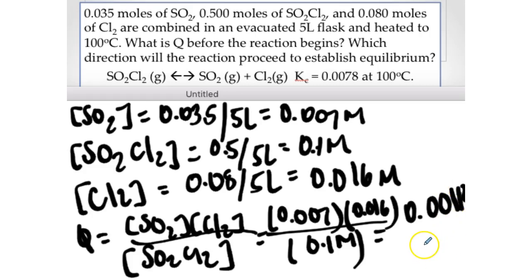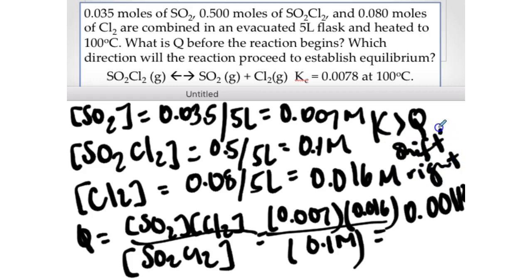And we know that the equilibrium constant is bigger. So K is bigger than Q. And anytime K is bigger, it's going to shift to the right. So this is our conclusion, and this is our evidence. K is larger than Q, and that's what you should have gotten.